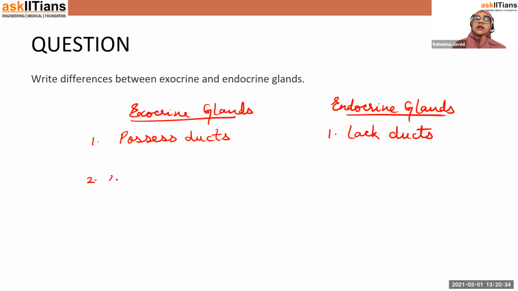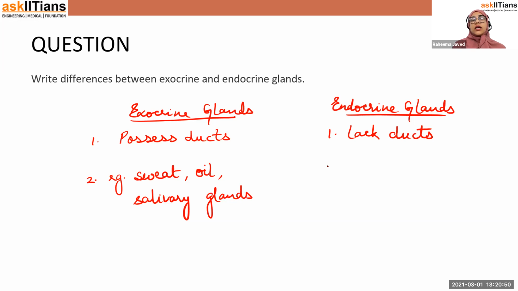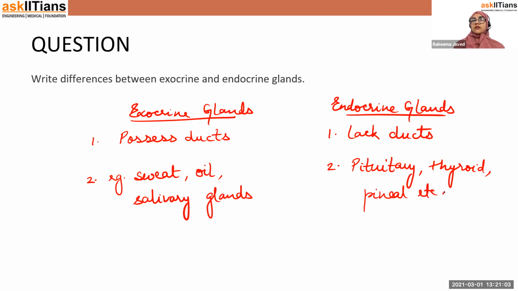Second, the examples: exocrine glands include sweat gland, oil gland, and salivary glands. Endocrine glands include pituitary, thyroid, pineal, etc. So these are the differences.